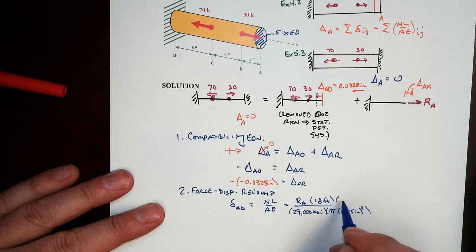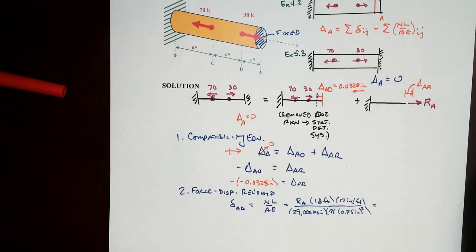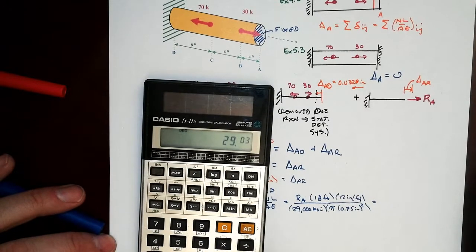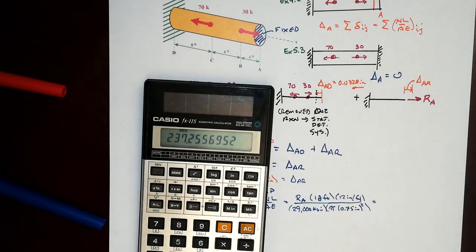And it probably makes more sense to have, instead of 18 feet, have it in inches instead. And let's see, we're going to do this as EA over L: 29E3 times pi times 0.75 inches squared, divided by 18, divided by 12. The reason I did it EA over L is, of course, that's the axial stiffness.